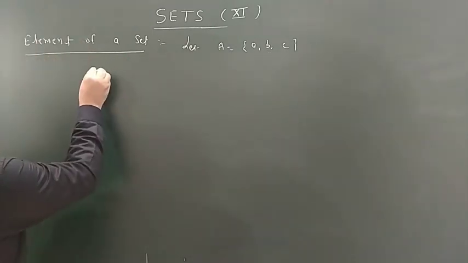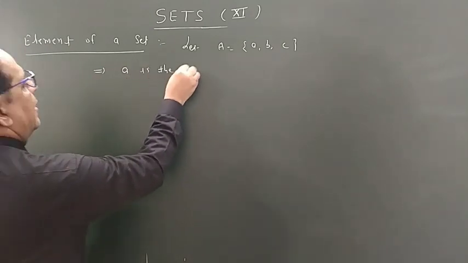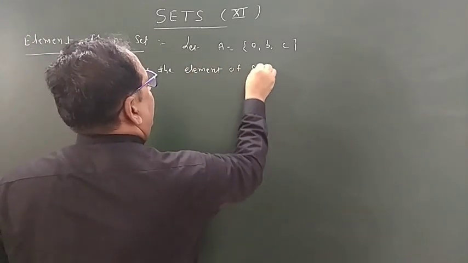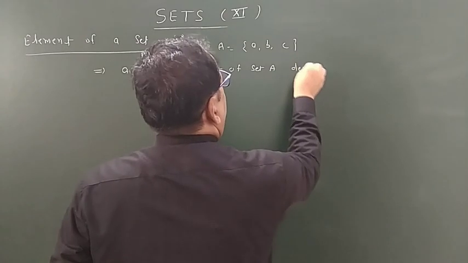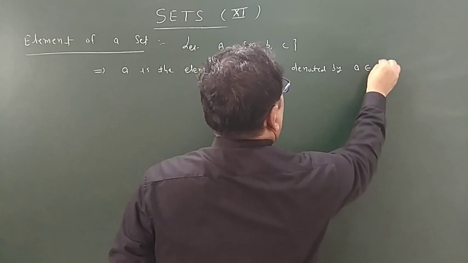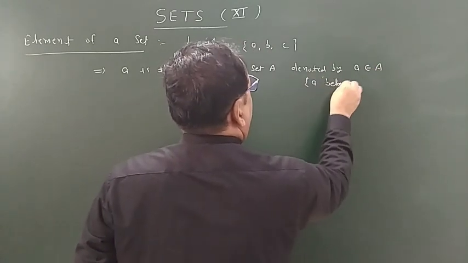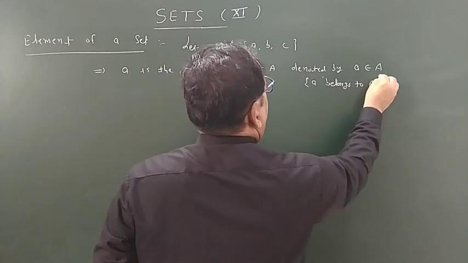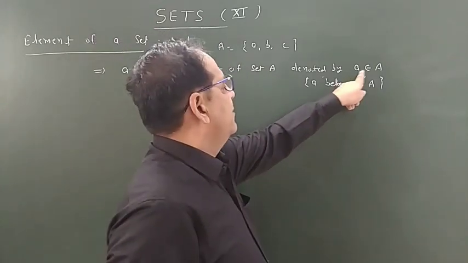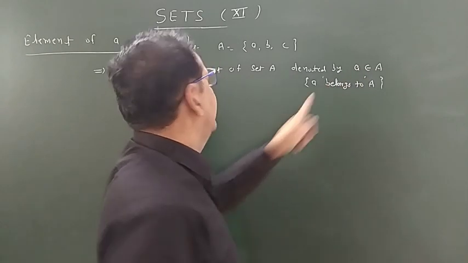So here a is the element of set A, denoted by a belongs to A. This symbol is read as belongs to. So small a belongs to capital A.